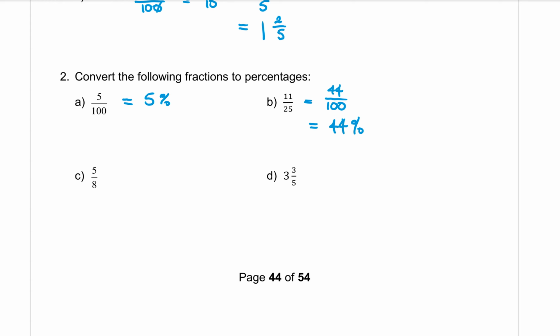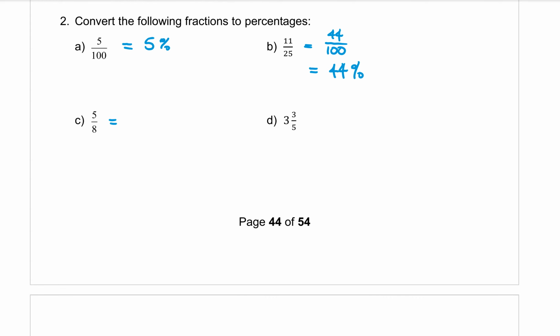Part C however, is not quite so easy to be done. I can't find an equivalent fraction out of 100. 8 doesn't times by something nicely to get to 100. So for this type of decimal, and there won't be very many of these, you'll need to do a division. I need to divide 5 by 8. Okay, now because this isn't going to go nicely, I'm going to need a few decimal places here. 5 divided by 8, well, that doesn't work. That doesn't go at all. So 0 point.